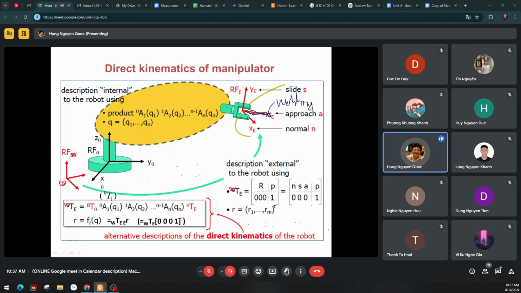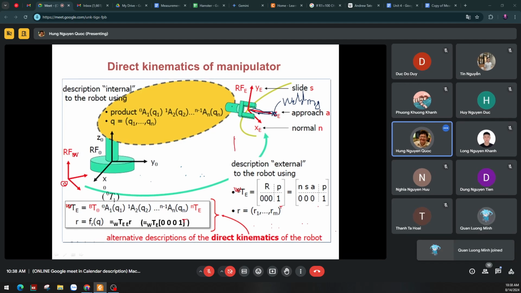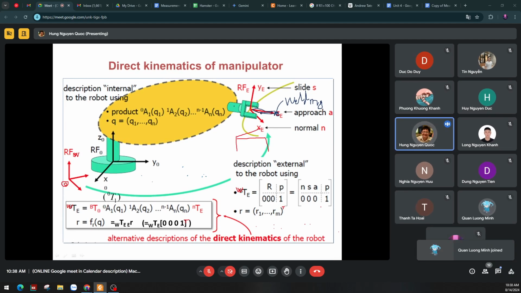Imagine you have a big workshop; you can choose the center of the workshop as the global coordinate, or you can choose the corner as the zero coordinate. Then you put the robot here and the table here, and the table you should refer to the global coordinate.